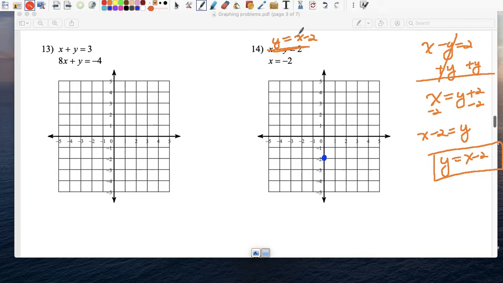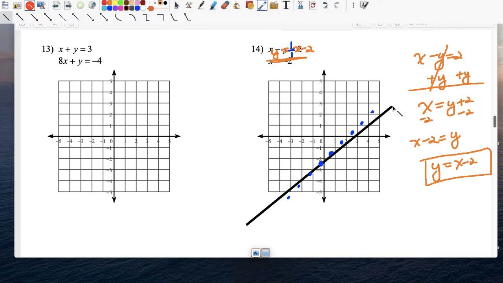And remember, my slope is 1 over 1, so 1 up, 1 to the right. It is positive, so we're going to go 1 up and 1 to the right, because we need it to be a positive slope. You don't need all those points, but they're there.